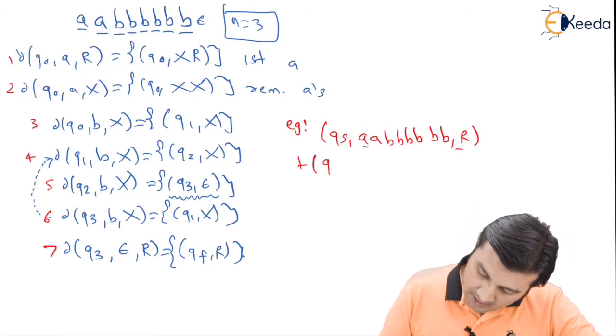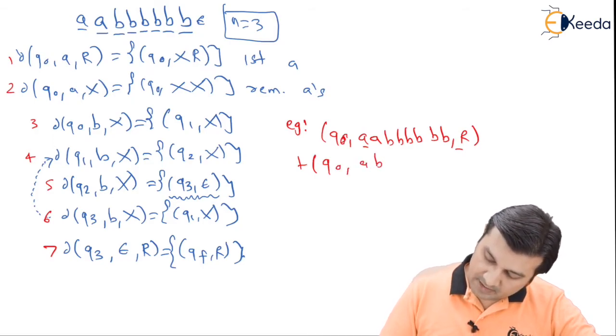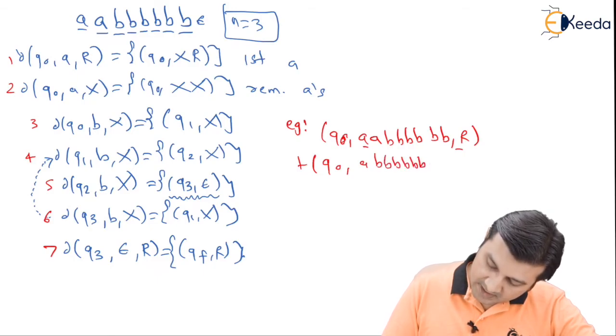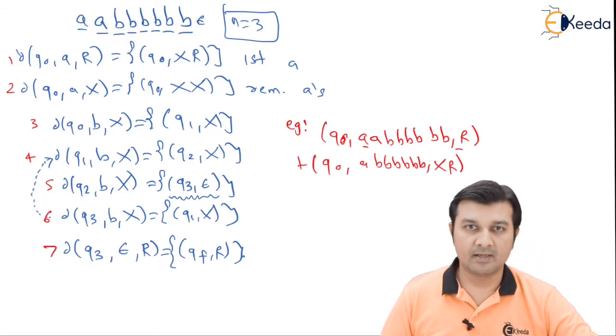Using rule 1, starting from Q0, I go to state Q0 only. I have a single A followed by 6 B's and push 1 X on the stack.